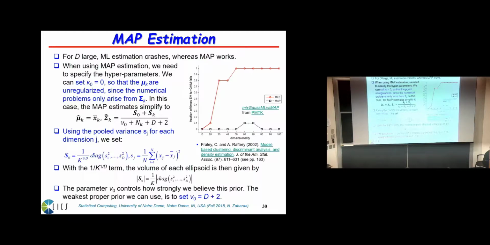This plot shows the fraction of times that the EM algorithm fails versus the dimensionality of the problem. If you do MLE and the dimension is high, like 100 dimensions, the algorithm fails practically all the time. If you use the MAP estimate, the algorithm works all the time.